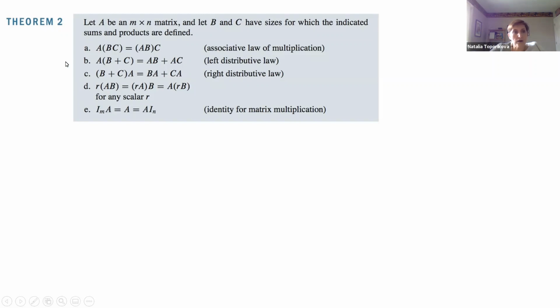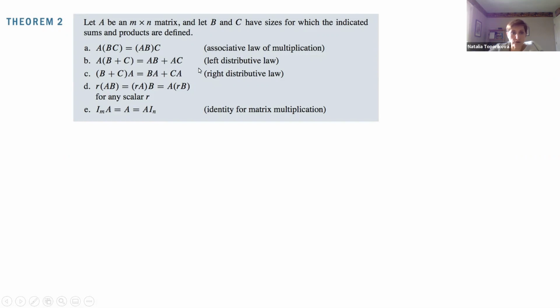Another very useful law is the left distributive law. When we multiply matrix A by the sum of two other matrices, B and C, we can distribute matrix A. We multiply A by B, we multiply A by C, and then we add them together.